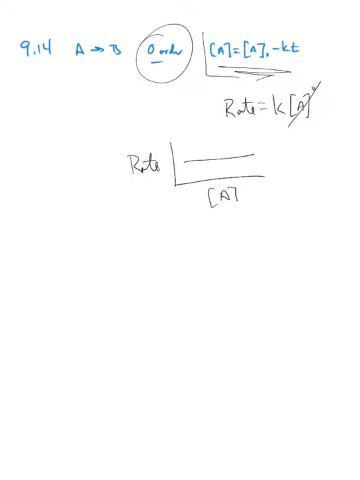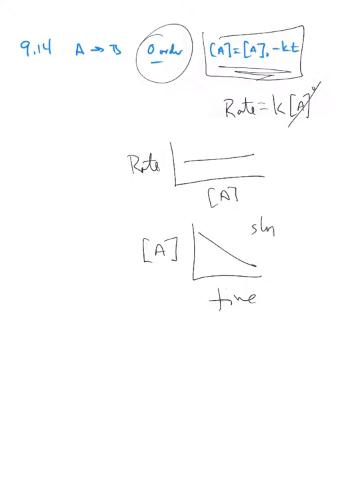If you look at the integrated rate law, and remember something I mentioned from the earlier slides, if you plot the concentration versus time, you are going to get a straight line decay. The slope is equal to negative k, right?